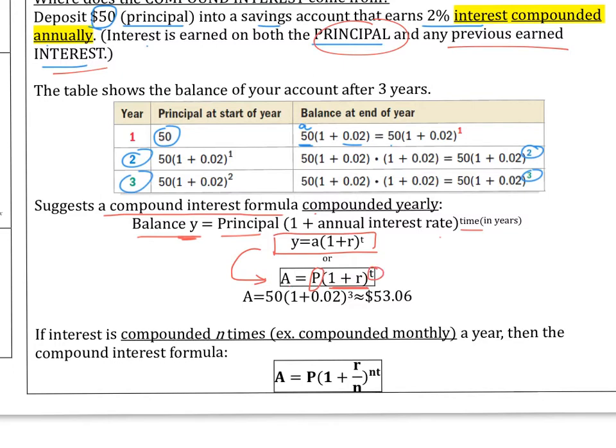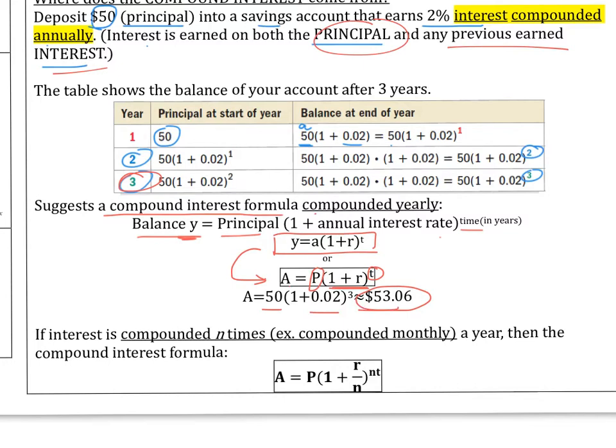So to finish this problem, I would substitute $50 in for P, 2% in for r, and because I ended with 3 years, I'm going to take this to the third power, and you may use a calculator to obtain this amount.